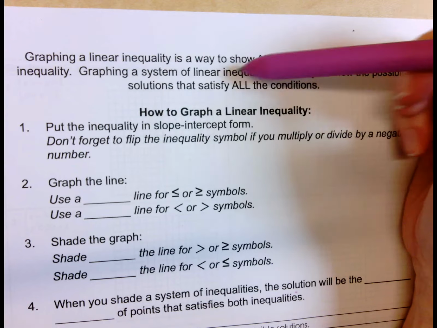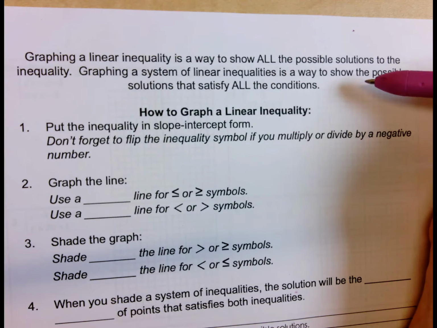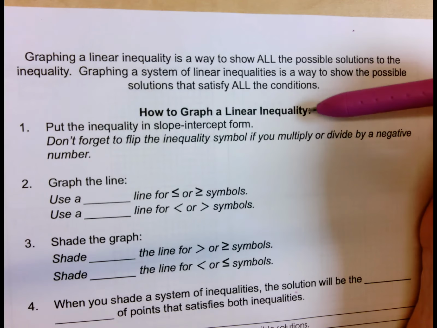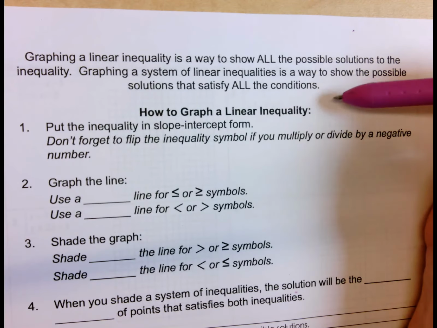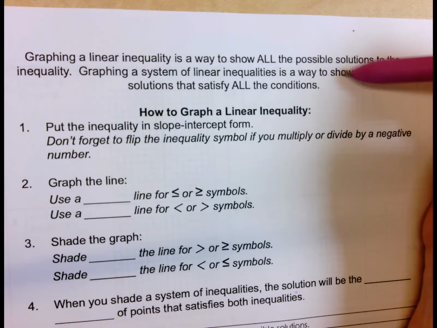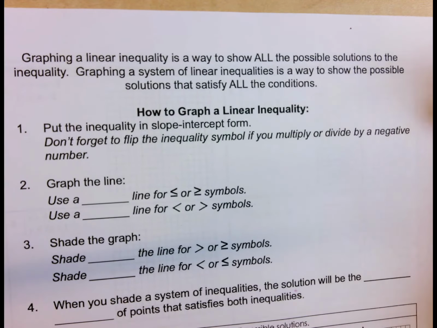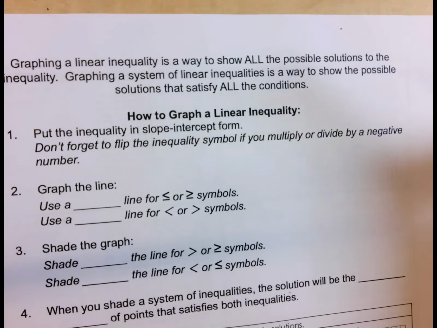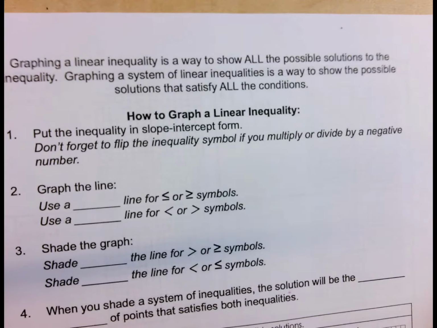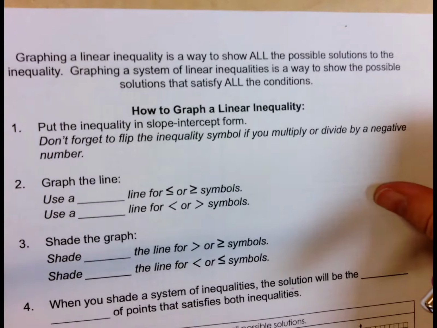So graphing a system of linear inequalities is a way to show the possible solutions that satisfy all of the conditions. So it's all of the solutions for those specific conditions that we're going to be working with. It's more than just one possible answer when we're dealing with a system of inequalities.